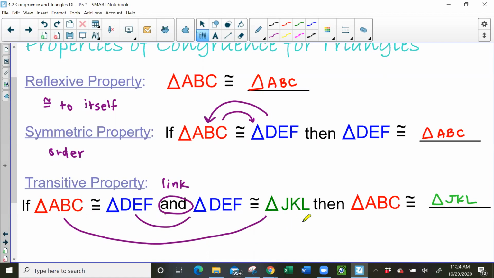So ABC is congruent to JKL. So we're going to link these two together. That's the linking property, where we can link the first and the last together. Any questions on that?